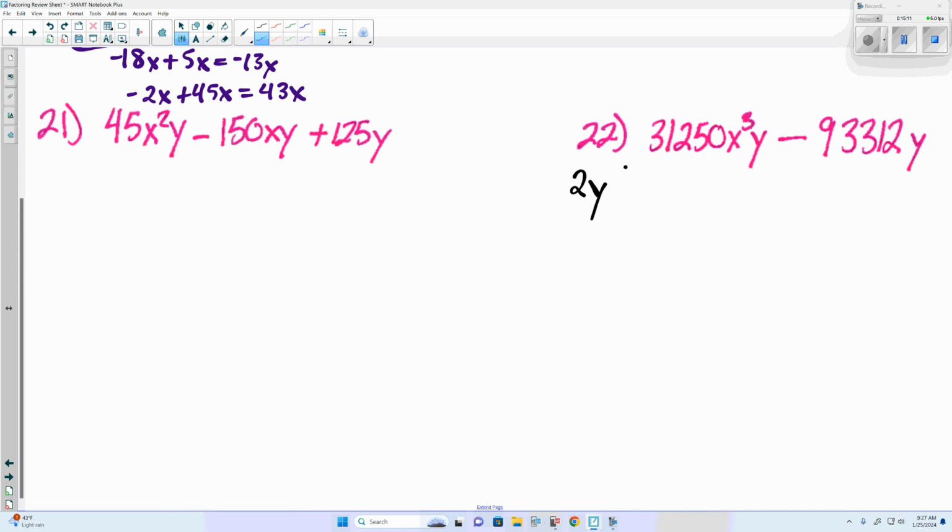Why? Because there's a good chance 4 is going to work, because 31,250, 15625 x cubed minus 46,656. I think that's it.